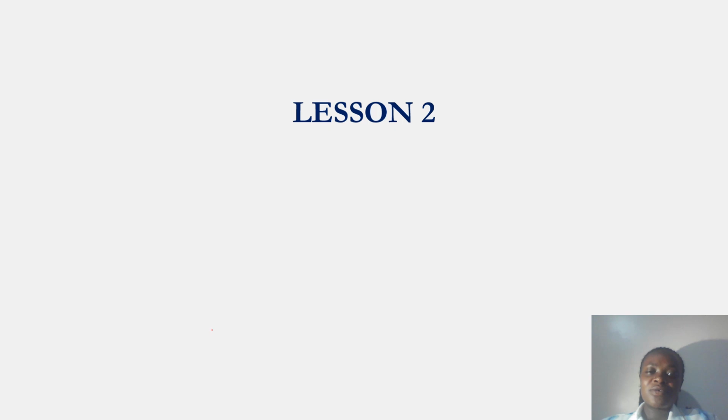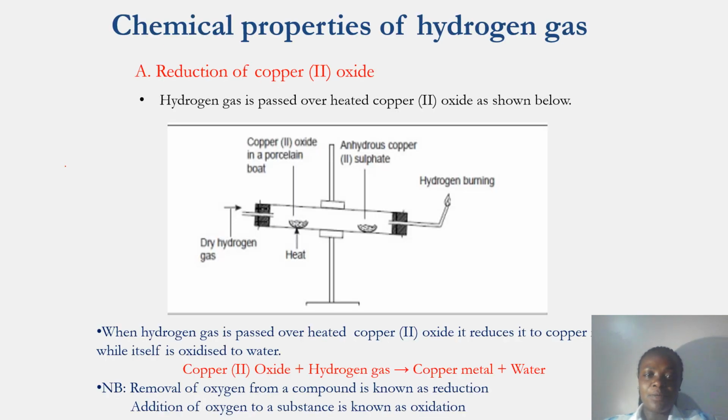Then we also saw the methods of collection of hydrogen gas and also the drying agents and what have you. So in lesson 2, we are going to look now at the chemical properties of hydrogen gas.